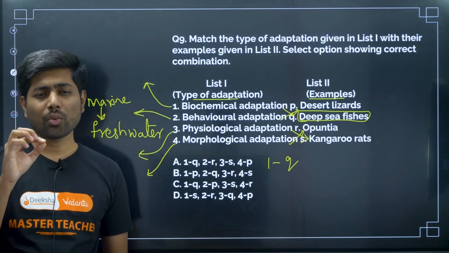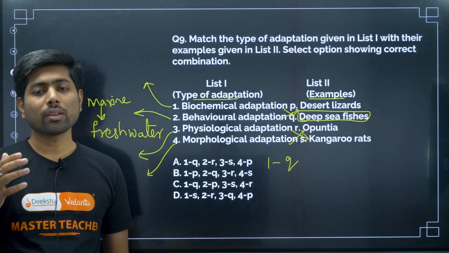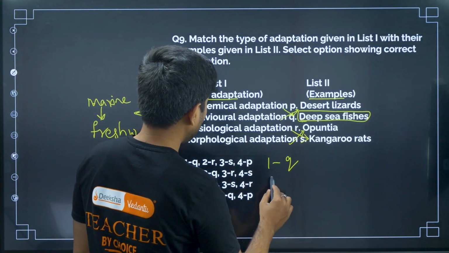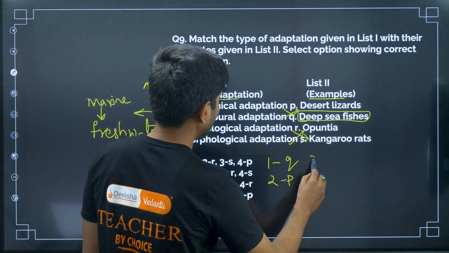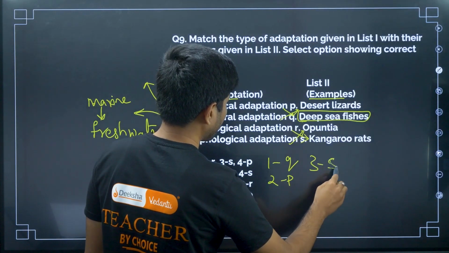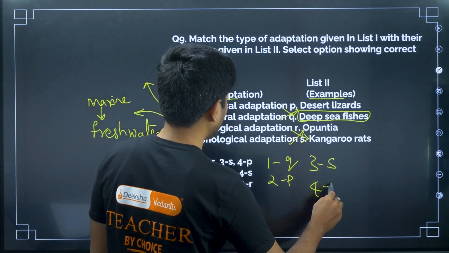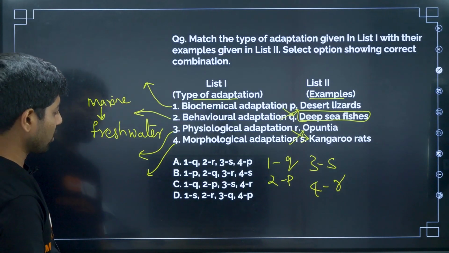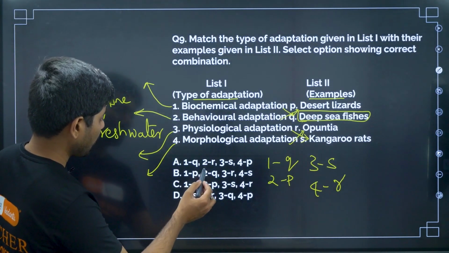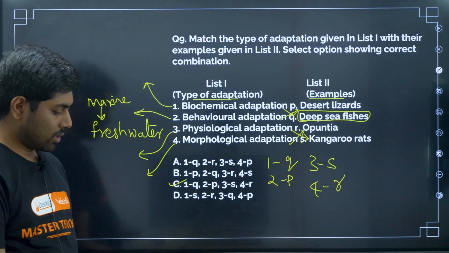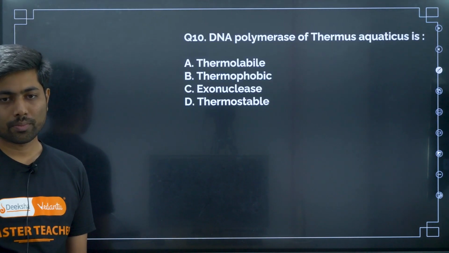Spines have no stomata, therefore they do not lose water. Therefore we see 2 is P, 3 is S, 4 is R. QPSR. Do we find the option QPSR? Option C. Option C is the right answer.